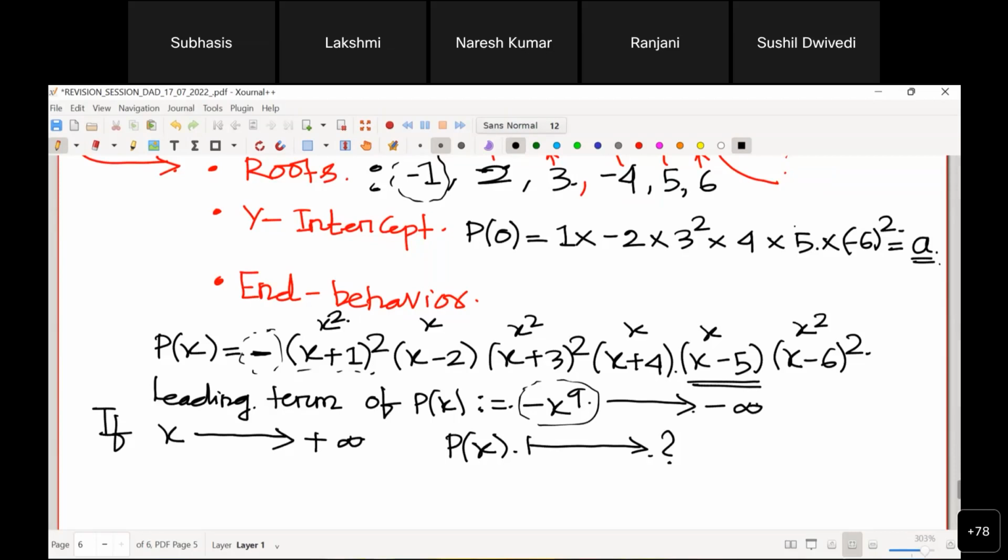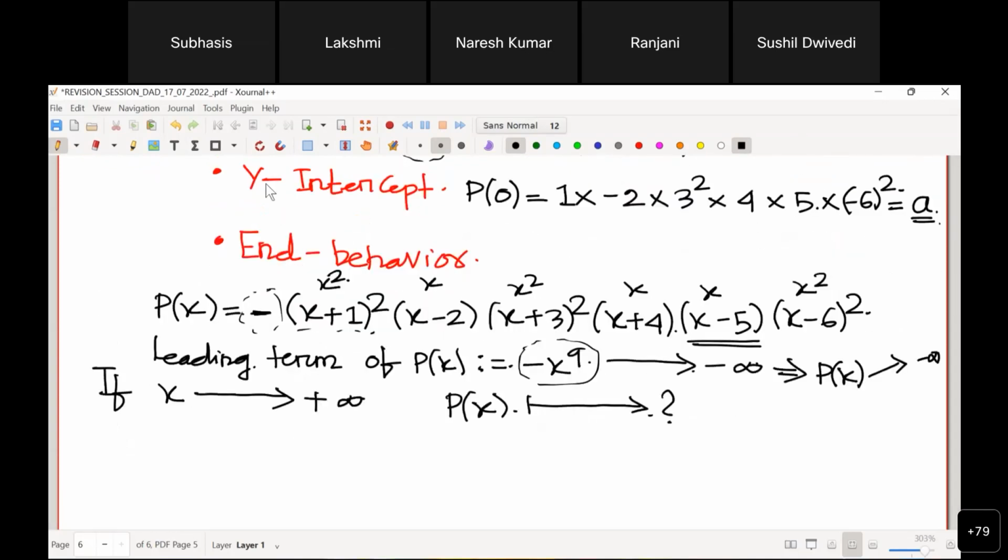So if x tends to plus infinity, then minus x to the power 9 will go towards minus infinity. As you know, the behavior of the polynomial is completely dominated by this leading term. Since the leading term is going towards minus infinity, the polynomial itself will go towards minus infinity.